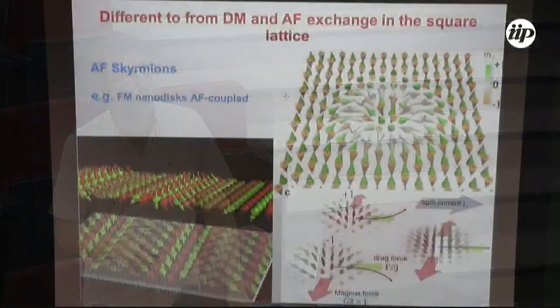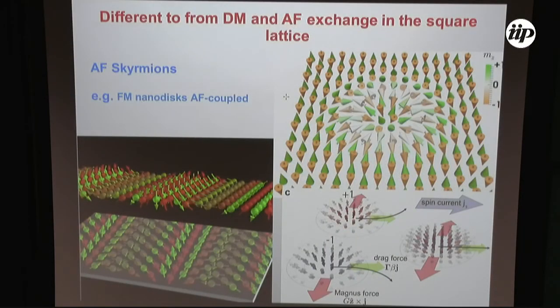Thanks. So what I was saying is that these are different from what one would call an antiferromagnetic skyrmion, because an antiferromagnetic skyrmion is something like this. It's a skyrmion on top of an antiferromagnetic background, okay? So that's why we cannot call the previous one an antiferromagnetic skyrmion.